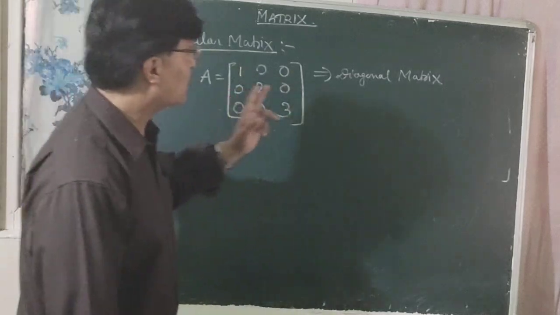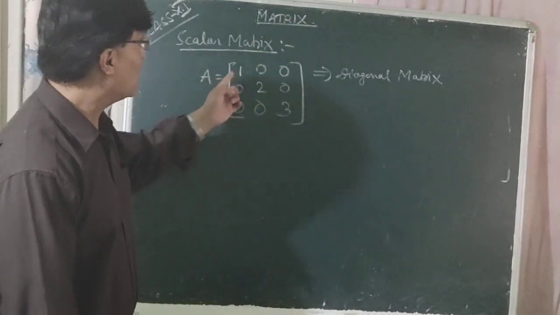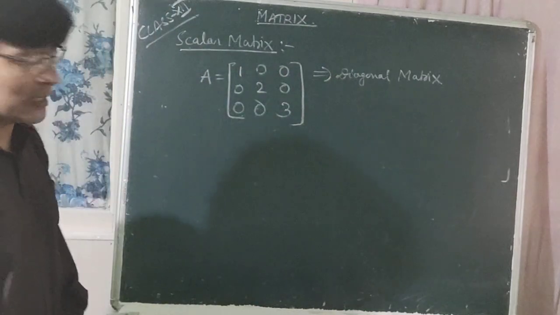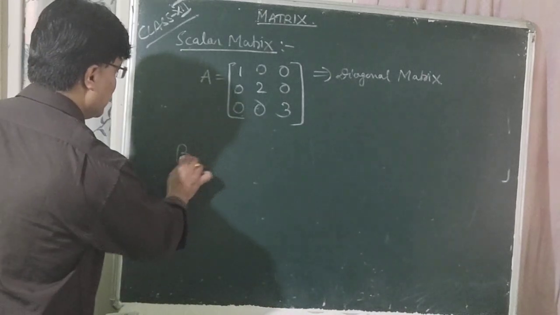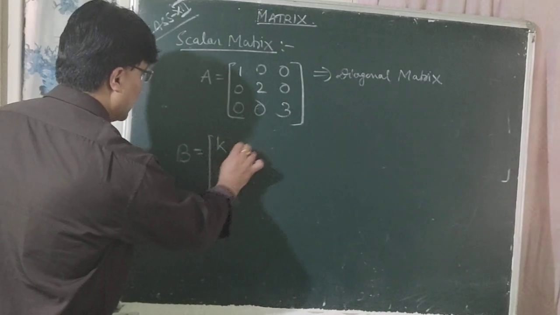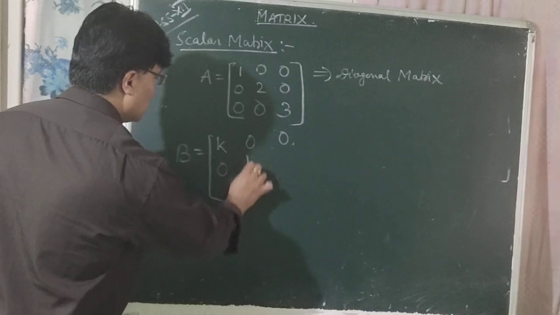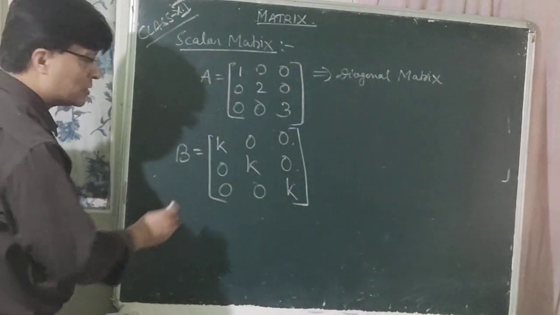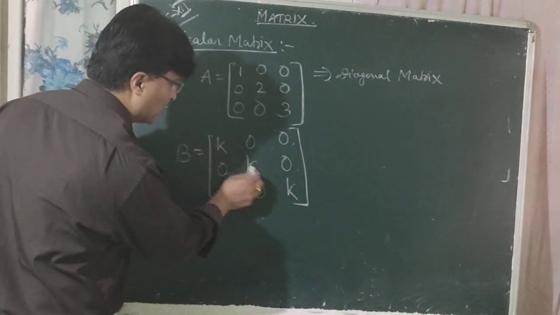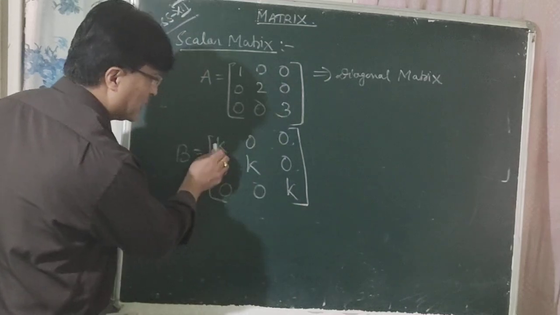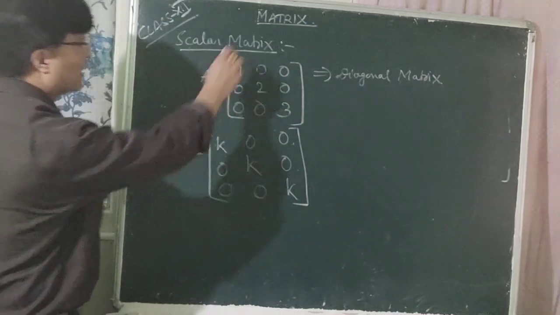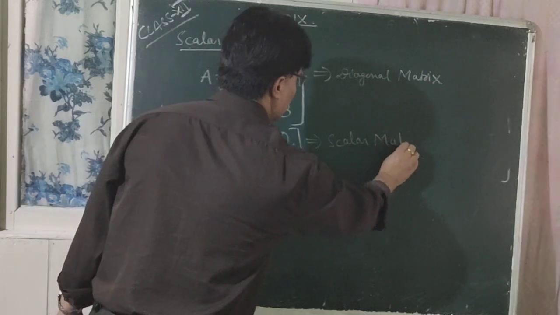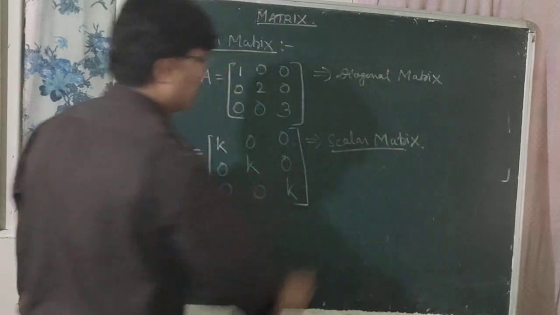Suppose B is equal to K 0 0, 0 K 0, and 0 0 K. All the leading diagonal elements are the same, K, K, K. Then this B is known as a scalar matrix.